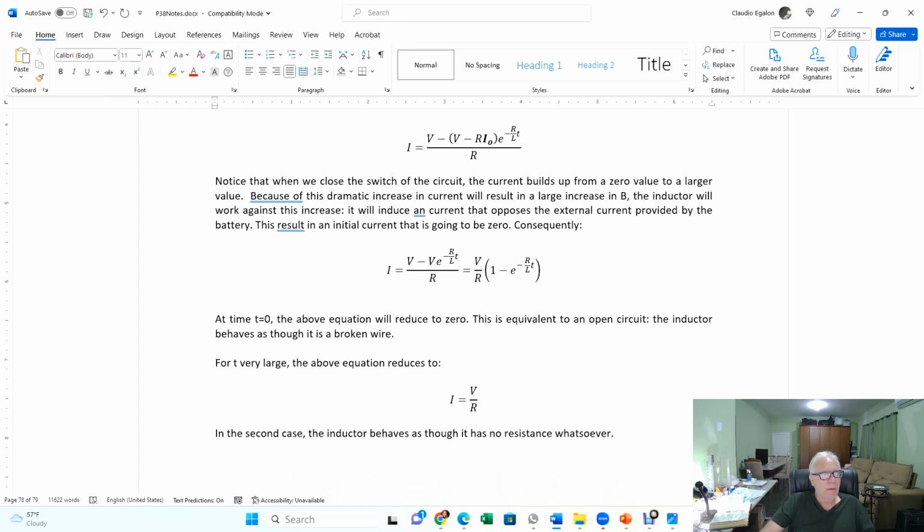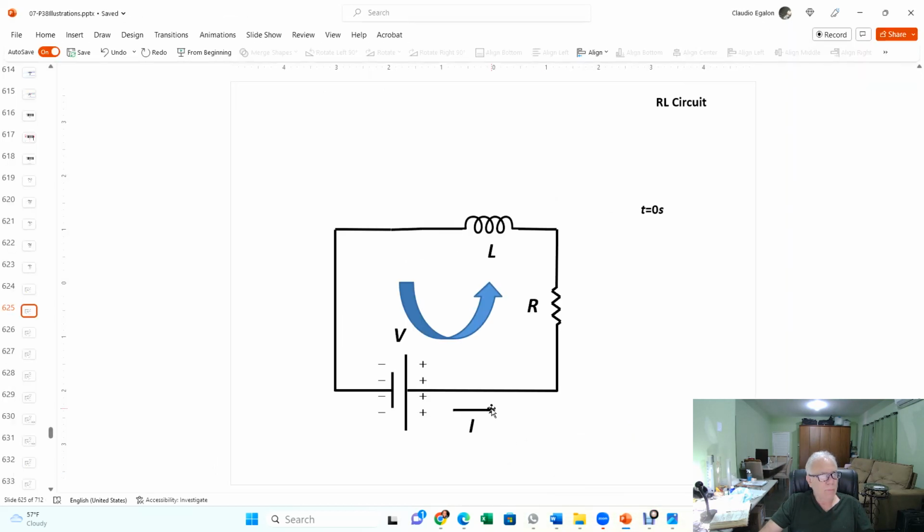For a small amount of time, for time t equal to 0, the inductor behaves as a broken wire. For very large t, the inductor behaves as though it is a simple wire of resistance 0. Okay, keep that in mind.